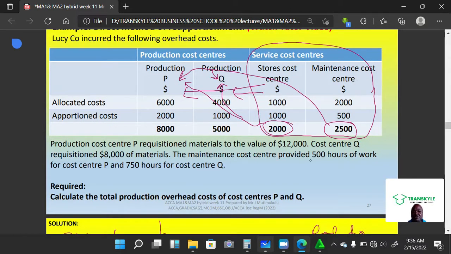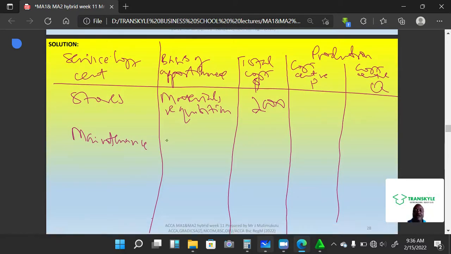The maintenance cost center provided 500 hours of work for the cost center P and 700 hours for cost center Q. So you can see that the amount of hours worked should actually be our basis. Hours worked.